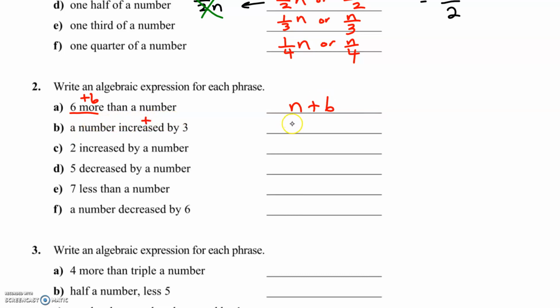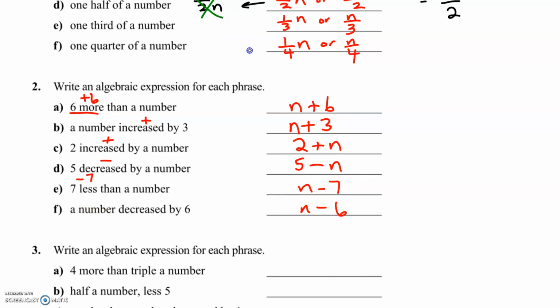So we're starting with the number this time, so a number increased by 3. 2 increased by a number, so this sentence wants 2 to come first, and then we add the number to it. 5 decreased by a number, so decreased means subtract, so that's 5 subtract n. 7 less than a number, so 7 less means we're going to subtract 7 from the number, so n minus 7. And then a number decreased by 6 would be n minus 6.